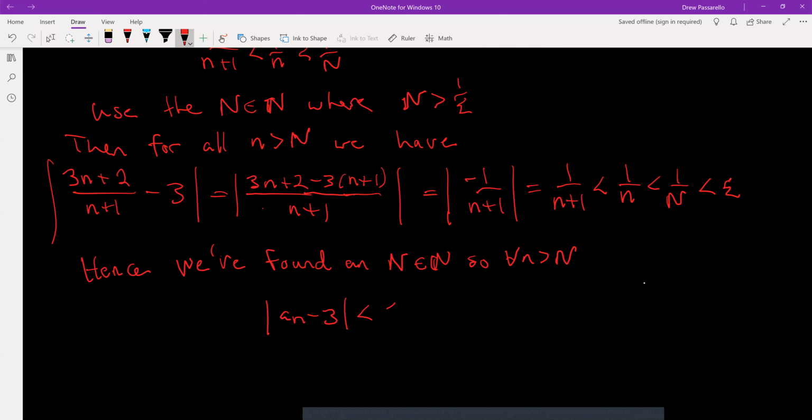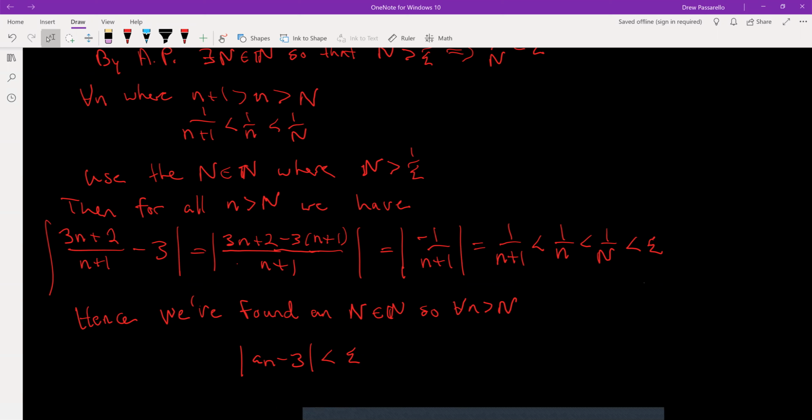We know that's less than 1 over little n, which is less than 1 over capital N, and we know 1 over capital N is less than epsilon. So that means we found a particular capital N so that for all little n bigger than capital N, the distance, or the absolute value of our sequence minus the limit, is less than epsilon.